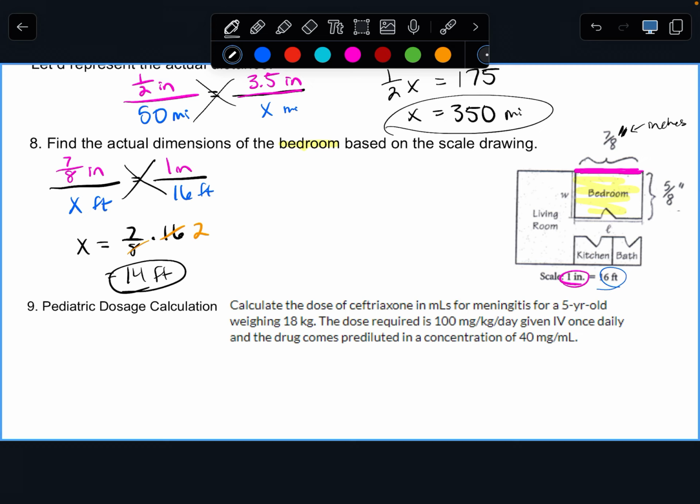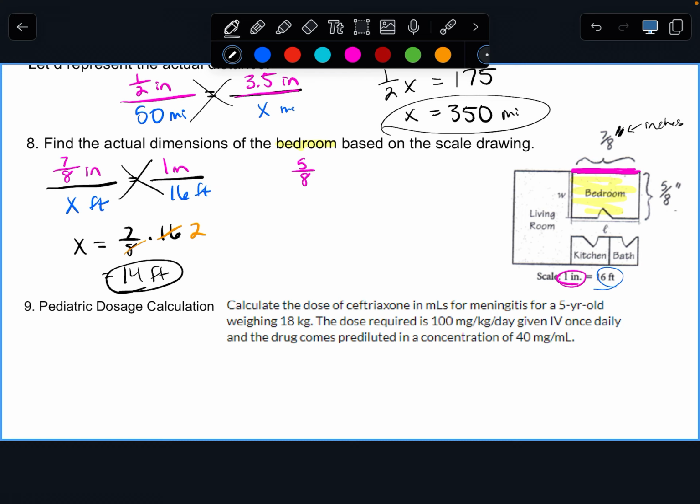And then if you do 5/8, some of you already get the pattern. So 5/8 inch is to X feet, and then we use the same scale. Again, when you cross multiply, you just get X and then cross reduce.